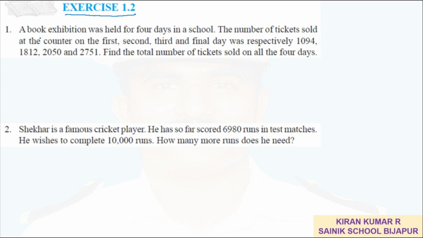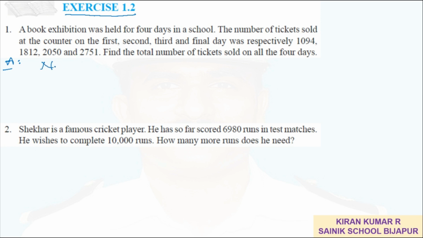Find the total number of tickets sold on all the 4 days. So this is a question related to addition. So we need to add up the number of tickets sold on each day.